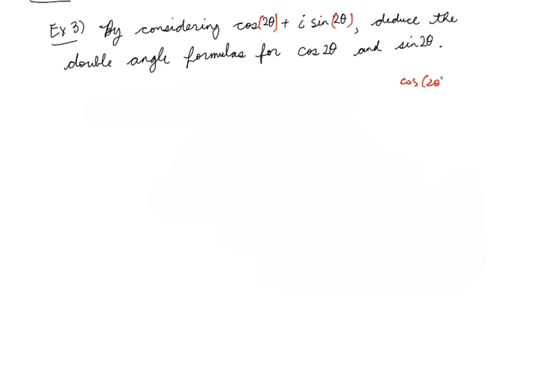Cosine of 2 theta is cosine squared theta minus sine squared theta, or the variations of this, which would be, if I replace this as 1 minus sine squared, that would be 1 minus 2 sine squared theta. Or if I replace this with 1 minus cosine squared, that would be 2 cosine squared theta minus 1. Okay?